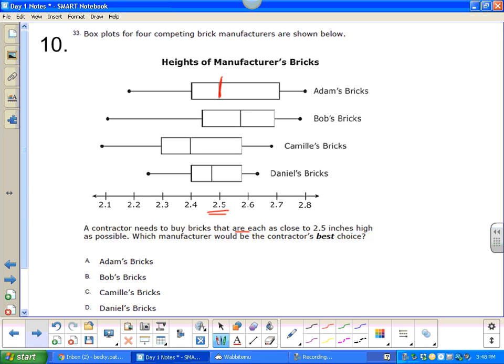But it says each as close to 2.5 inches as possible. Well, look how spread out Adam's bricks are. Those are the heights of his bricks, and they are really, really spread out. So yes, I want something close to 2.5, but I want them to be consistent. So I really want the least spread out data possible, and that answer is Daniel.